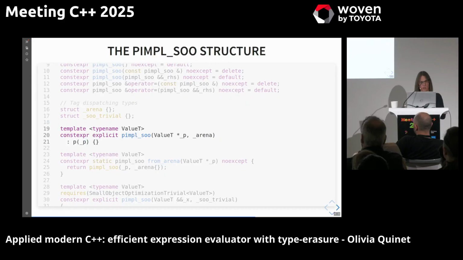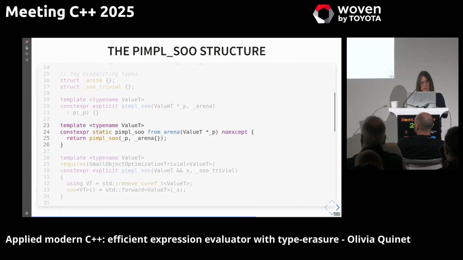So that is a constructor when we use the arena, so we simply make sure that P inside the union is initialized with the pointer to the value coming from the arena. So that is the static method used before.